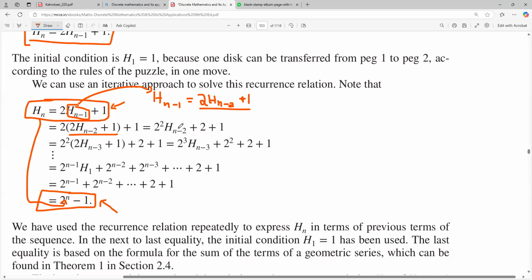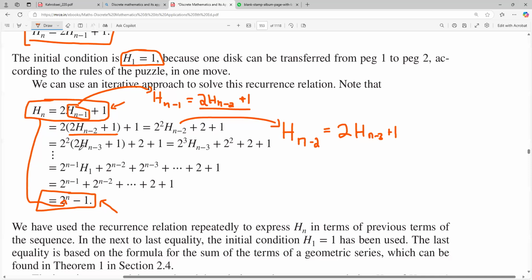So then what's h of n minus 2? H of n minus 2 is equal to 2 times h of n minus 3 plus 1. Right? So we see here, we have h1, so that's important. h1 is 1.